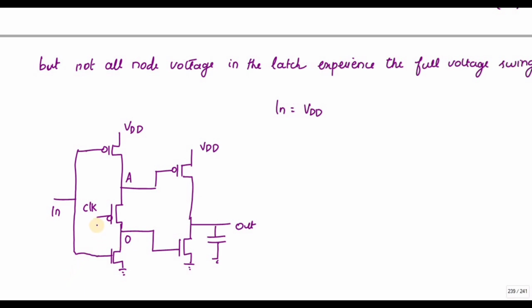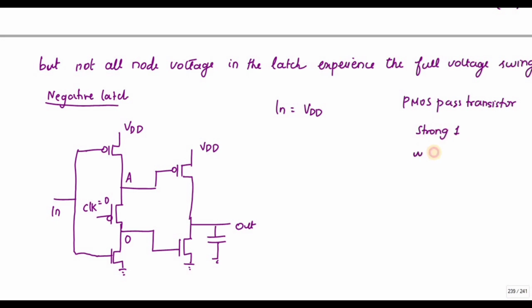And you can see this is nothing but a negative latch. So this is 0. So if this is 0, you know that the PMOS pass transistor is strong 1 and weak 0.